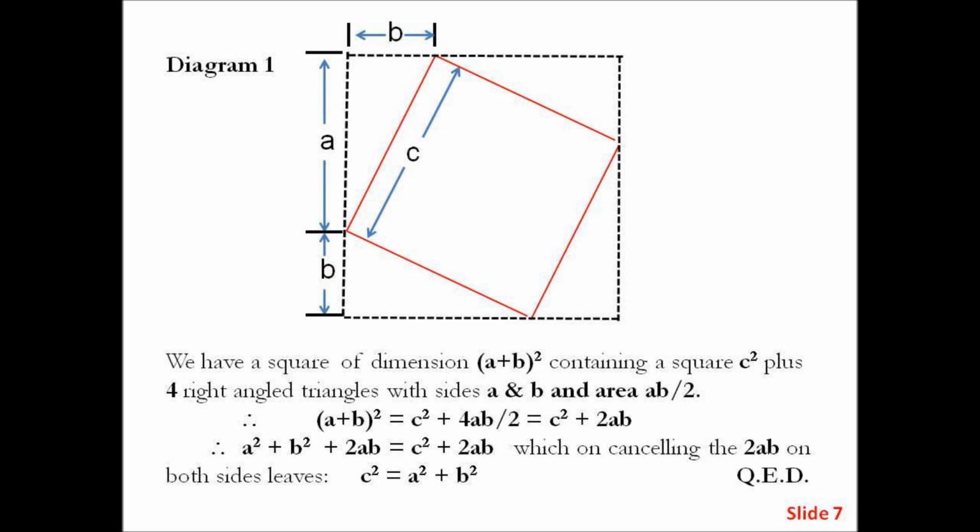Therefore, a² + b² + 2ab is equal to c² + 2ab, which on cancelling the 2ab on both sides leaves c² = a² + b², QED.